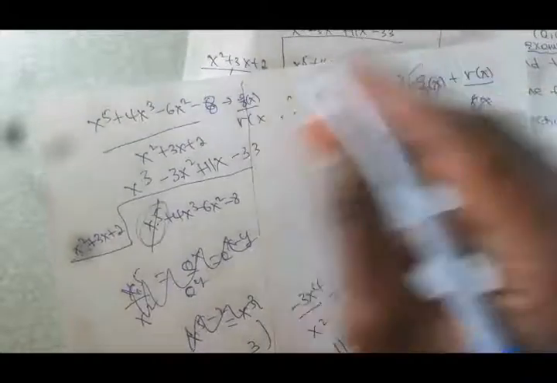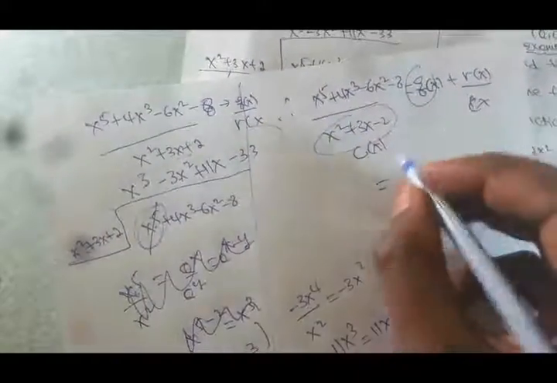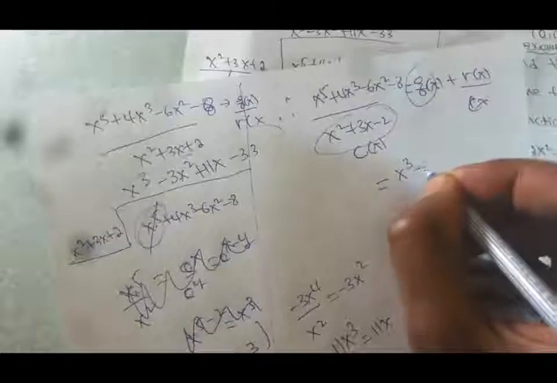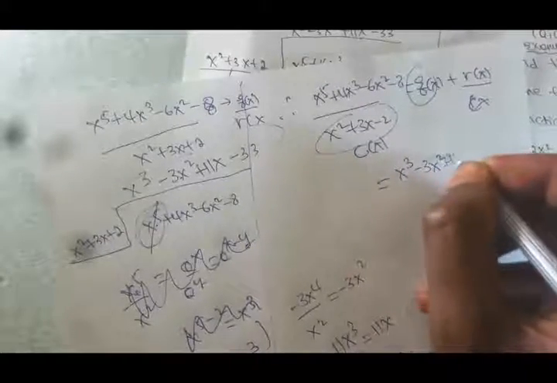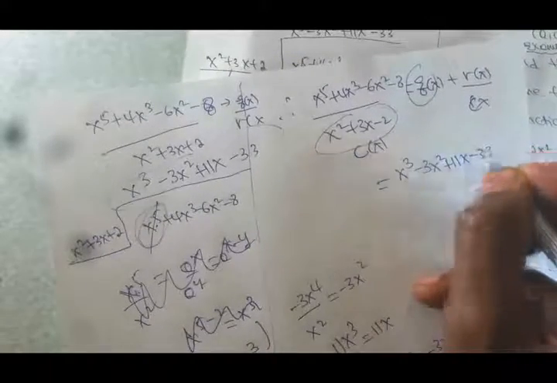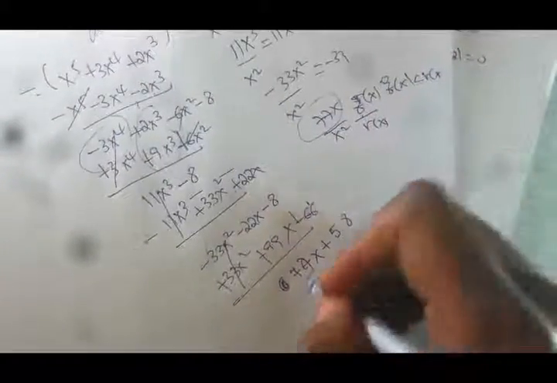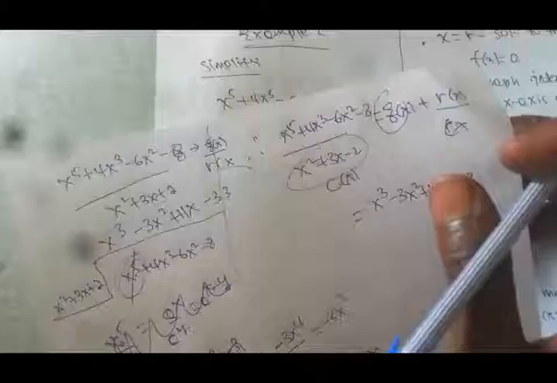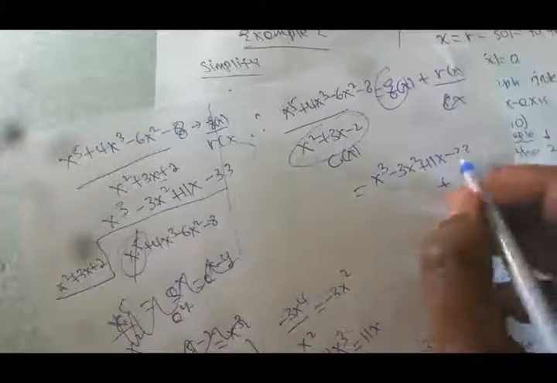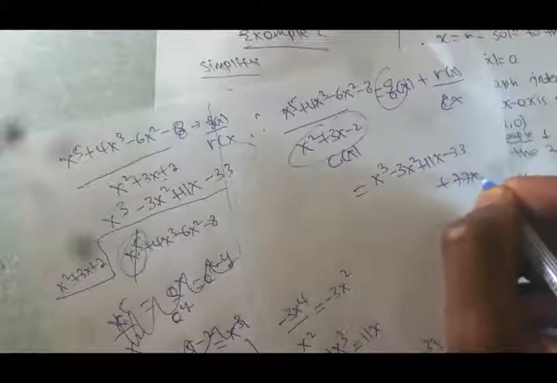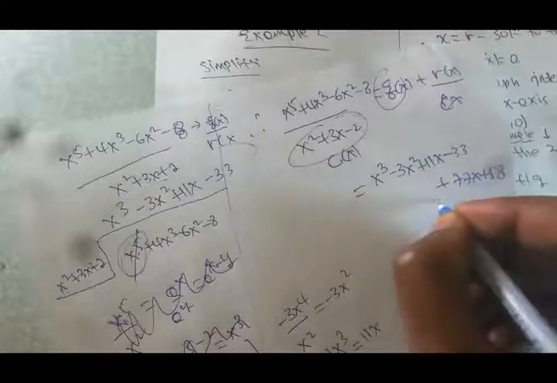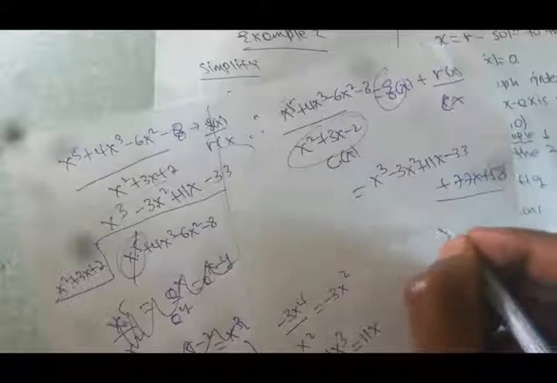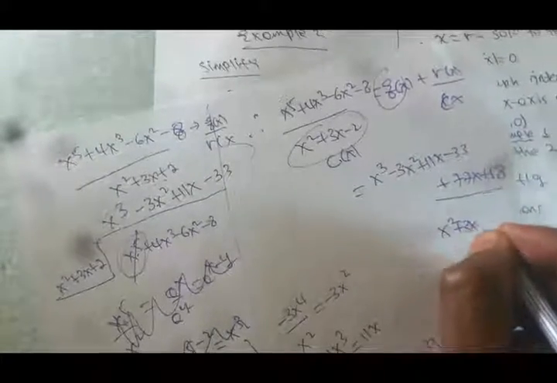Our quotient is x cubed minus 3x squared plus 11x minus 33, plus our final remainder, 77x plus 58, over the divisor, x squared plus 3x plus 2.